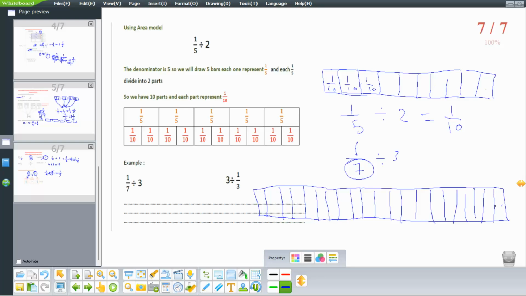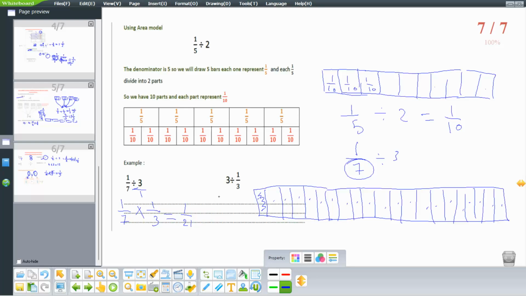Now how many parts do we have? 1, 2, 3, up to 21. So each part represents 1 over 21. By using the normal way in fractions, we know that the denominator is 1, so keep, change divide into multiplication, and flip. It will be 1 over 21.